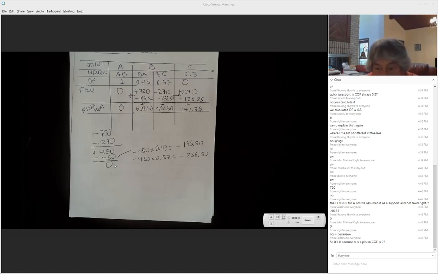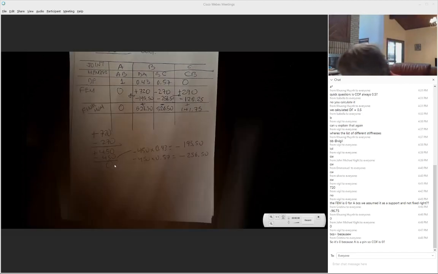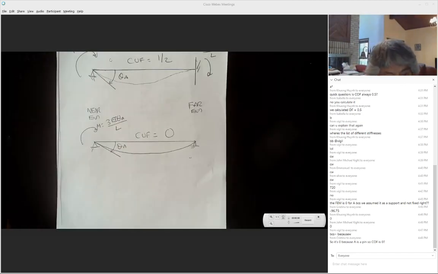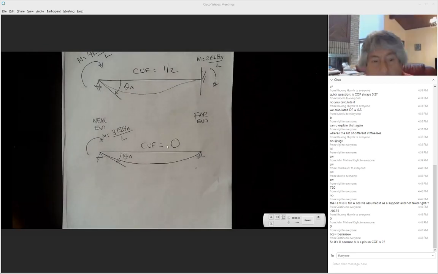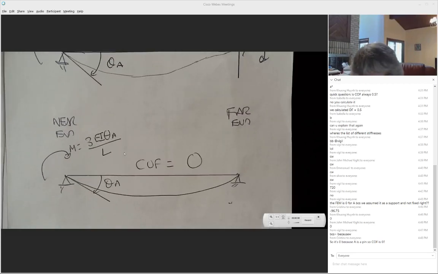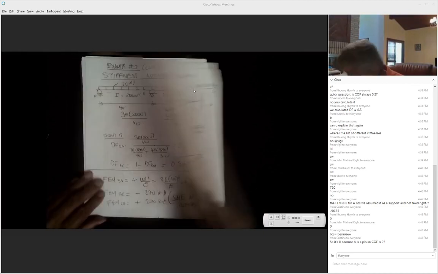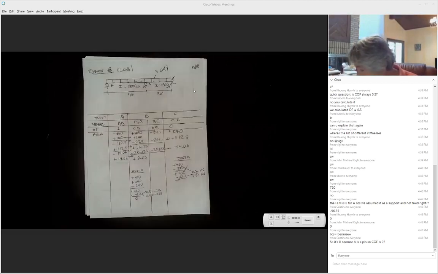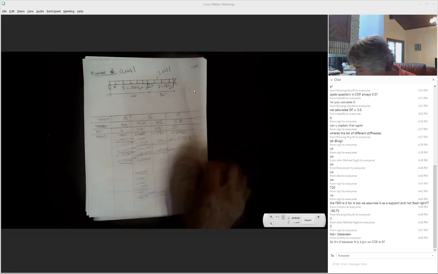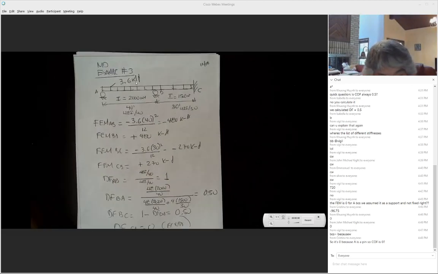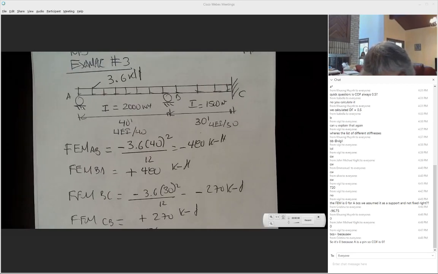Yes, Christina, the reason why the carryover, look, right now we are considering it's a pin. Why? Because we're using the 3EI over L. We're saying it's a pin, so nothing else. Before, when I solved the same problem a different way, I assumed that it was fixed.